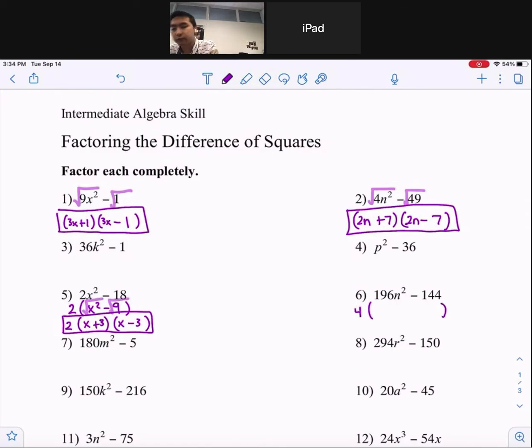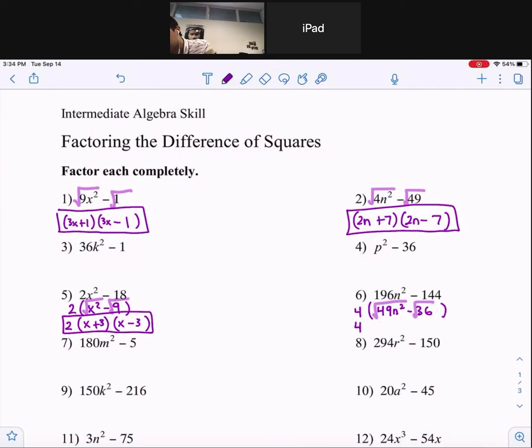So if you factor out a 4, 196 divided by 4 is 49n squared, and 144 divided by 4 is 36. And both 49n squared and 36 are perfect squares.